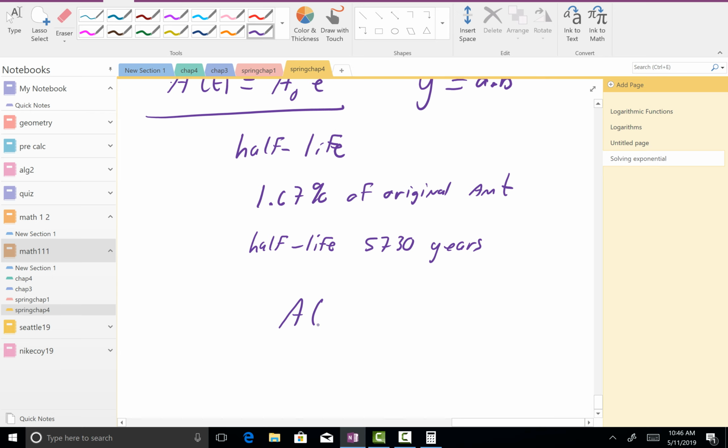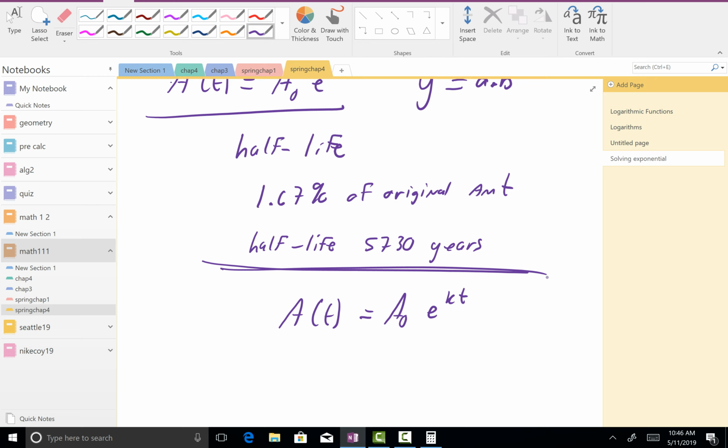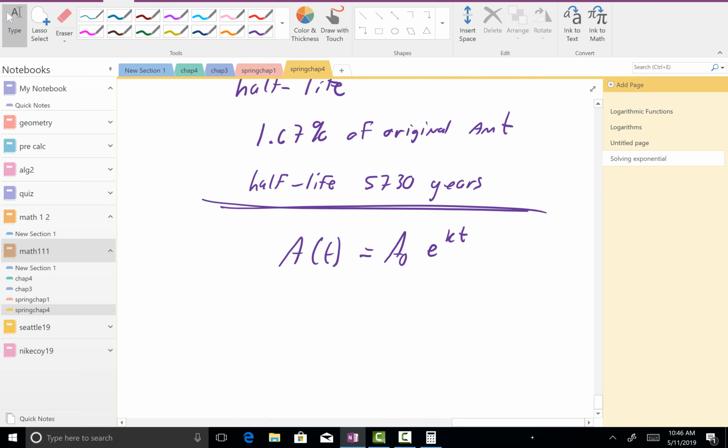So we have this equation. All right. So what they want you to do is use this idea of half-life. Okay, half-life is this. Basically, that is how long it takes for half of it to decay. All right? So if we started out with, say, 100% here, then half would be obviously 50. 5, 7, 3, 0. All right.